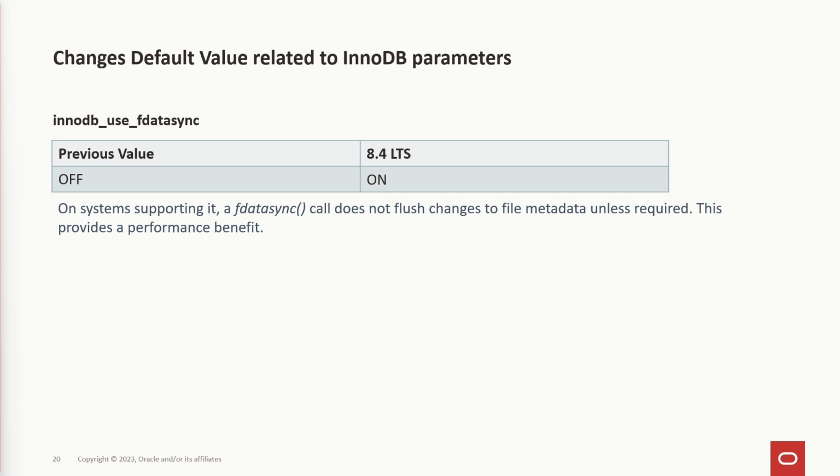This one I searched and checked. After fsync, we flush all data and metadata, but fdatasync doesn't flush changes to file metadata. So you can get some performance benefit from this one.